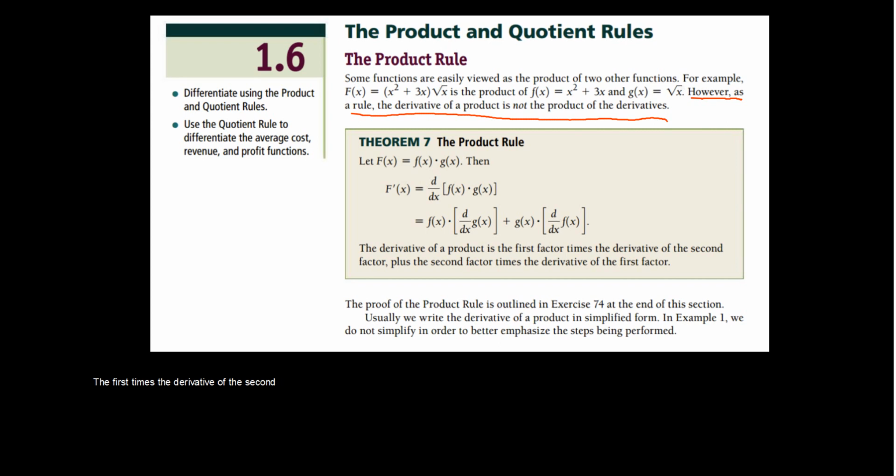The first times derivative of the second plus the second times the derivative of the first. There's got to be a way to make this larger. Oh, well, we can center it. That's what I want. It's a good button to hit. There we go. Okay, so let's make it 20.